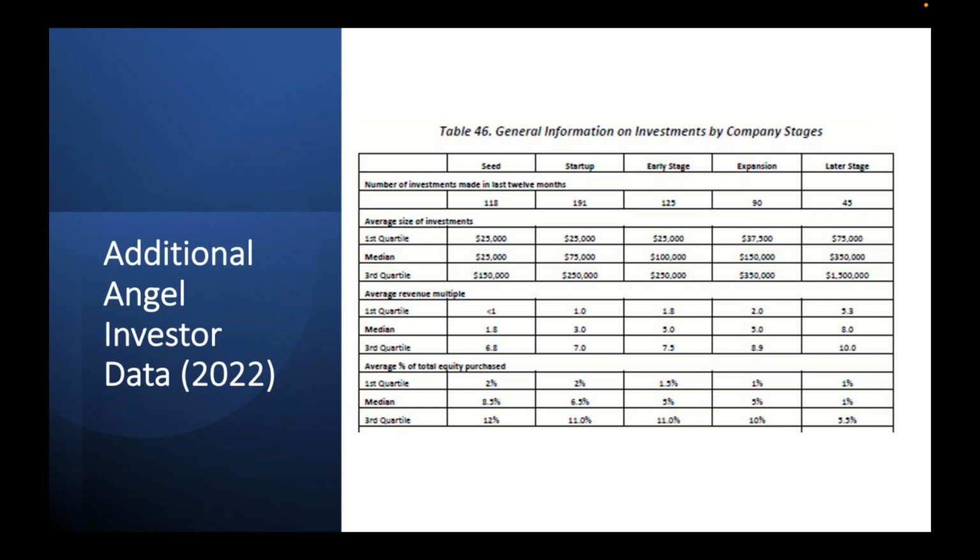But you can see that at the median, the investment amounts are pretty small, and the revenue multiples are between 2 and 3 times. Next slide.